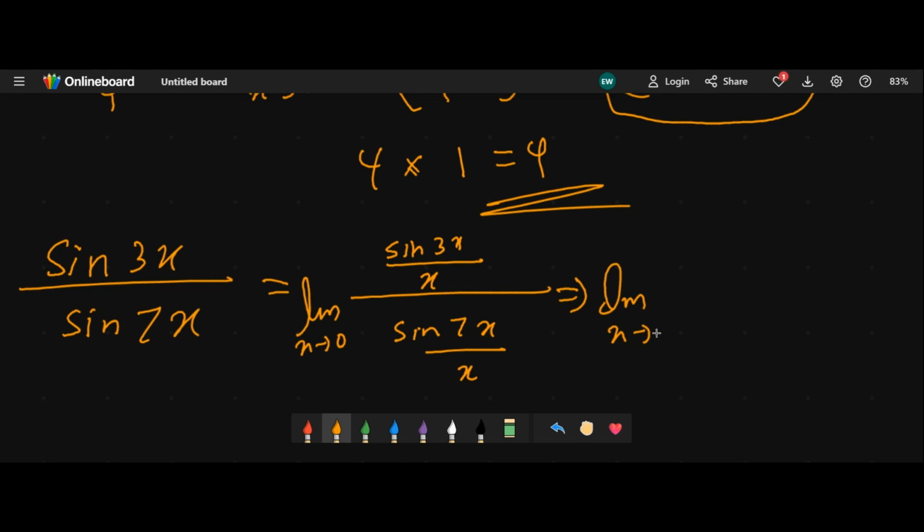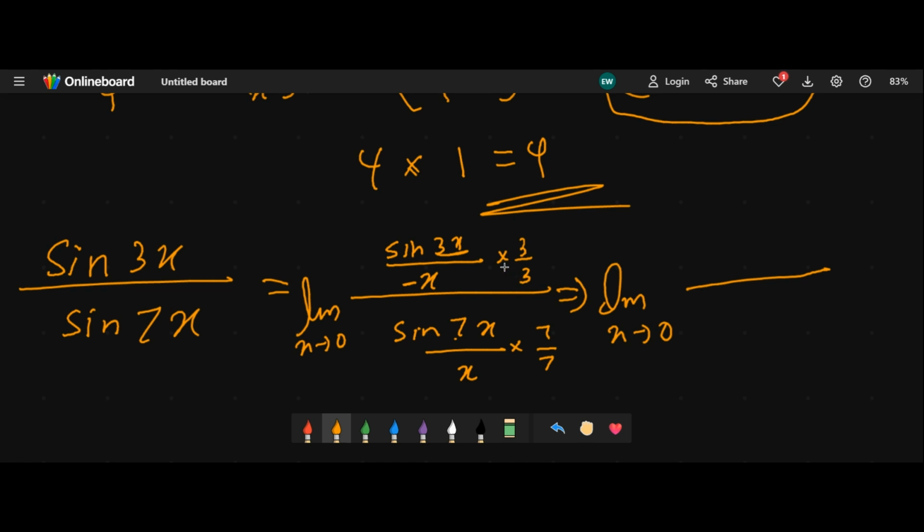Limit x approaches 0. Now here we have 3x, so in the down part also you need to get 3. So 3 by 3. Here we have 7x, so 7 by 7.